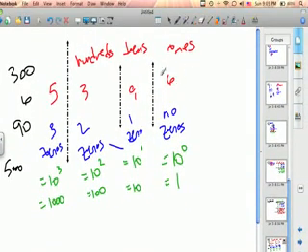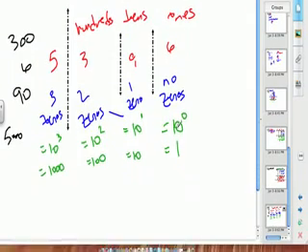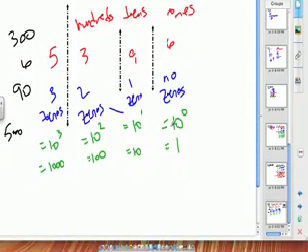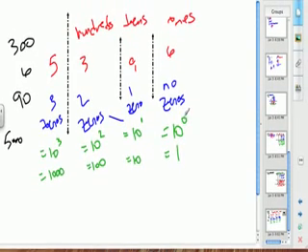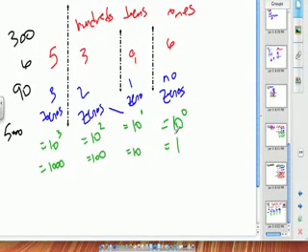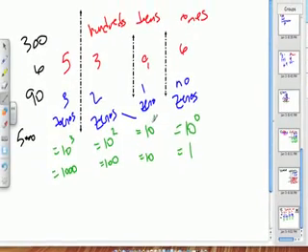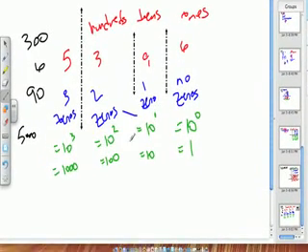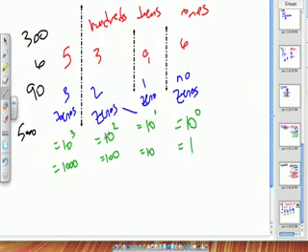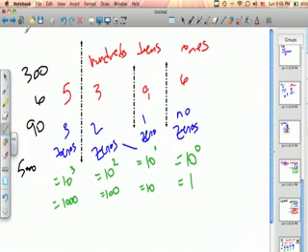If we have ones, in our base 10 we don't have an exponent. If we have tens, we have one exponent. If we have hundreds, we have two exponents. If we have thousands, we have 3 exponents.